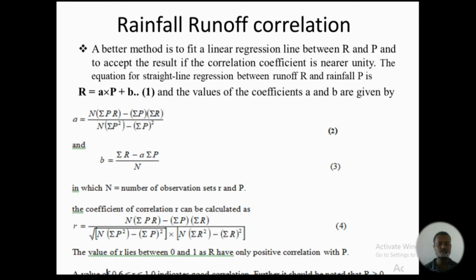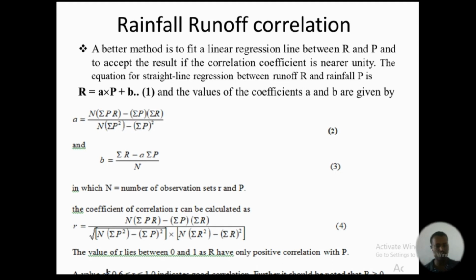The equation for the straight line regression between runoff and rainfall is R = A times P + B. A is the slope of the straight line, and B is the y-intercept of the line on the runoff versus precipitation graph.